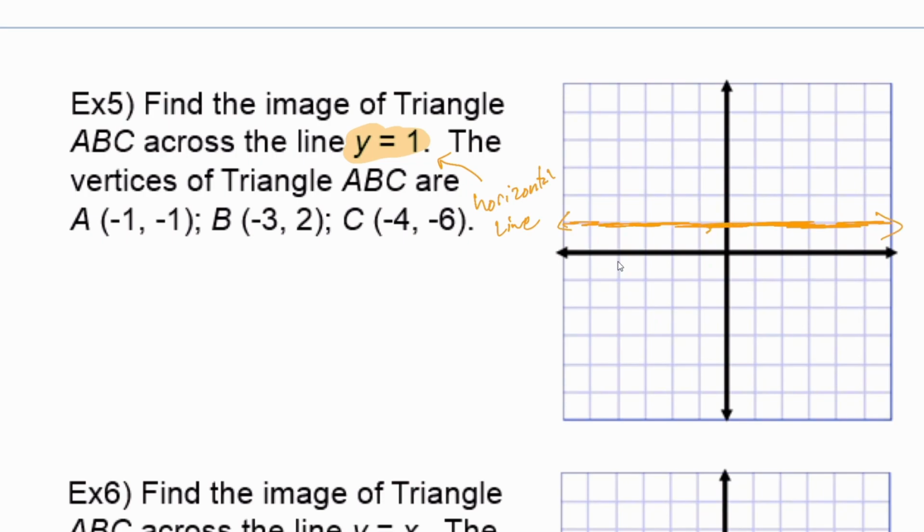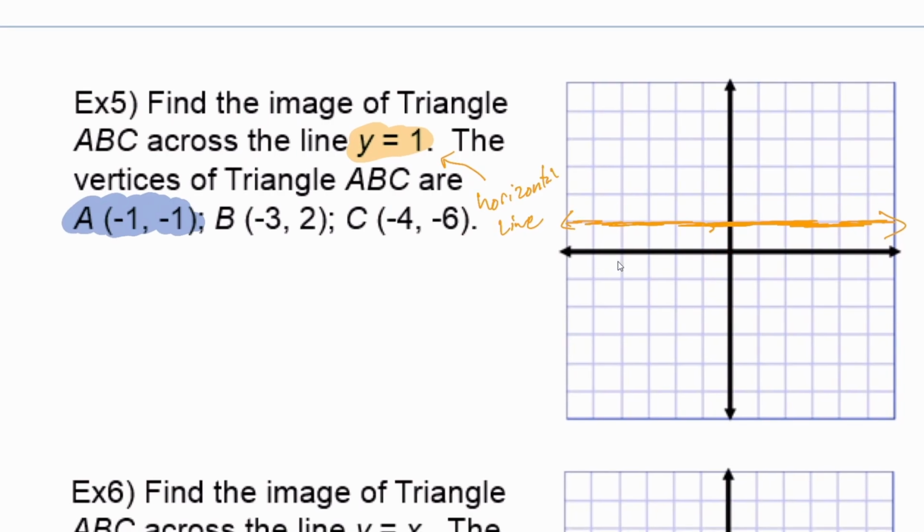All right, next, let's fill in some of our points. So we'll do A in blue. A is at -1, -1. So if we go left 1, down 1, that's going to be A. And then we'll do B in purple, -3, 2.